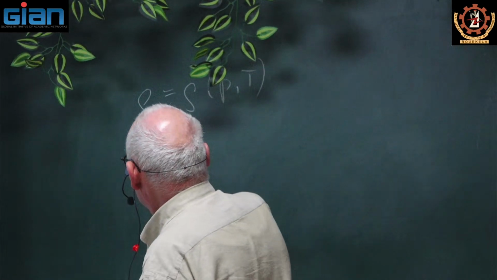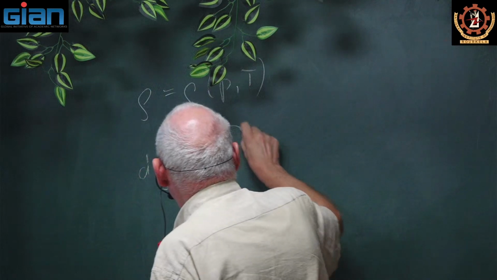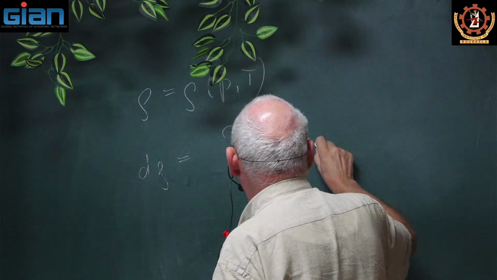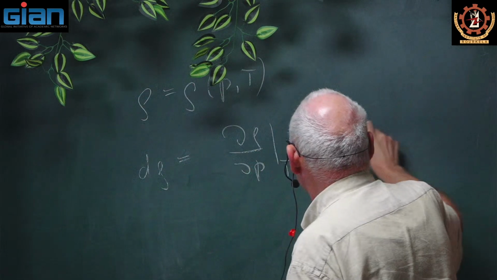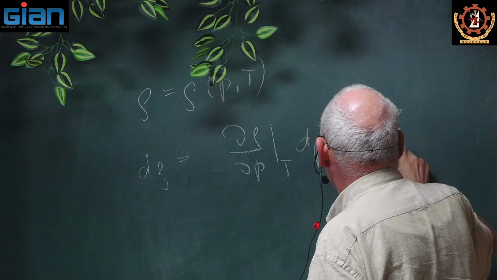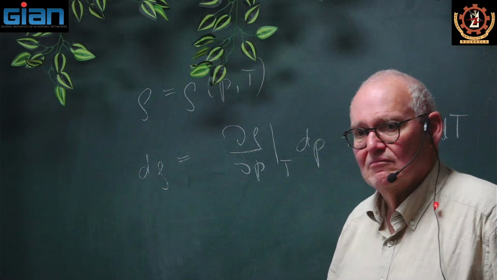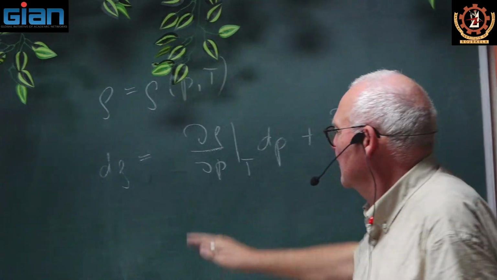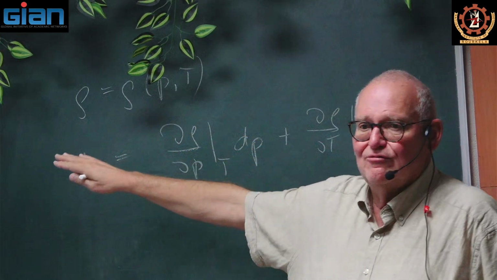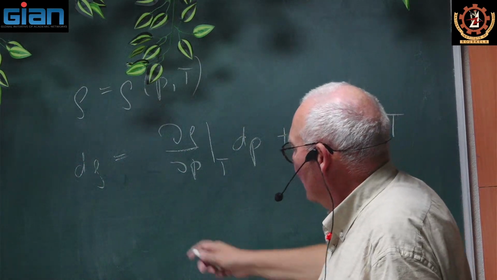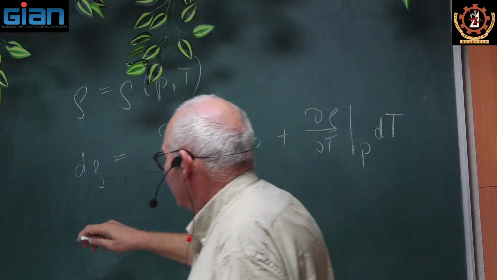So d rho is d rho by dP at constant temperature times dP plus d rho by dT at constant pressure times dT. This is simply taking the differential of an unspecified relation of the type rho as a function of P and T.